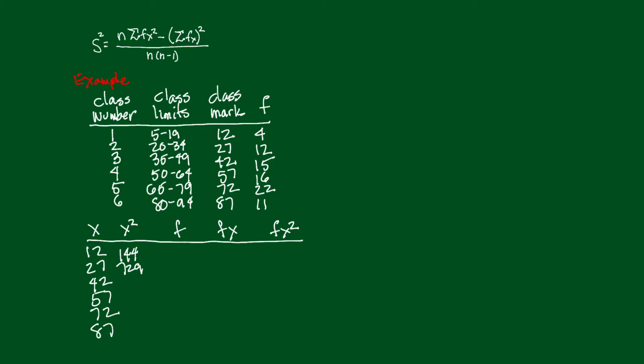And then 42 squared, that's 1764. 57 squared, I'm doing this on my TI-84 calculator, 3249. 72 squared, 5184. And finally, 87 squared, that is 7569.